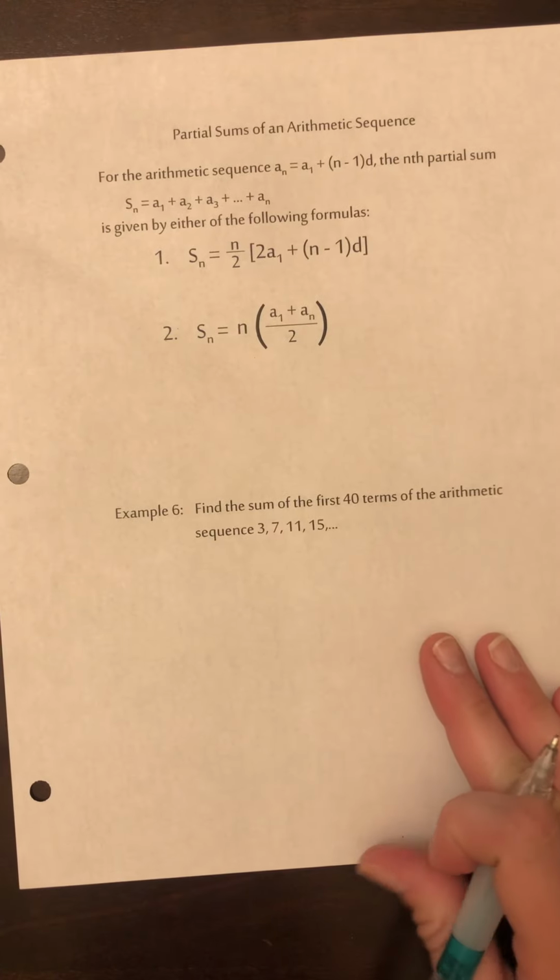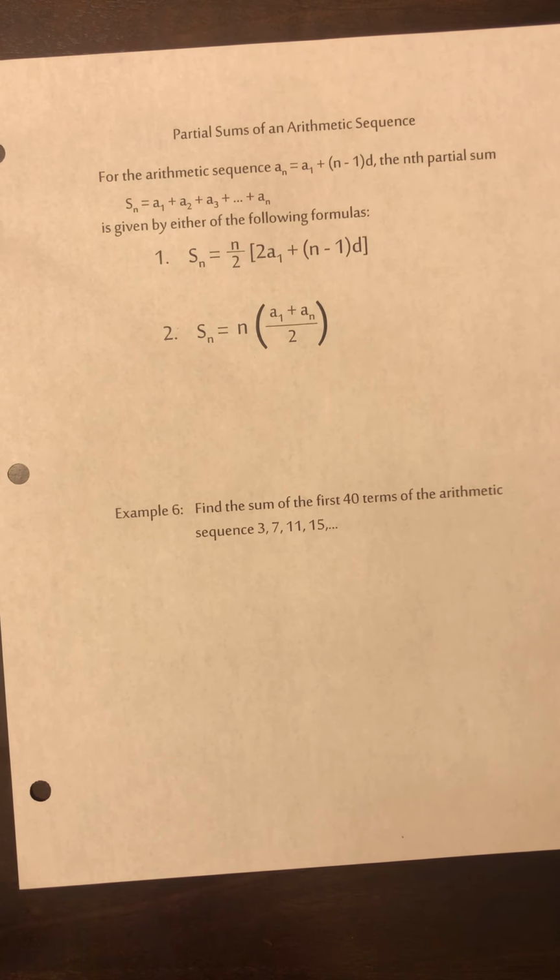All right, partial sums. So remember we talked about partial sums yesterday. We said that S stands for those partial sums. So if you had S sub 2, that means you need the first two terms and you're going to add them together, or S sub 11, you need the first 11 terms and you're going to add them together.